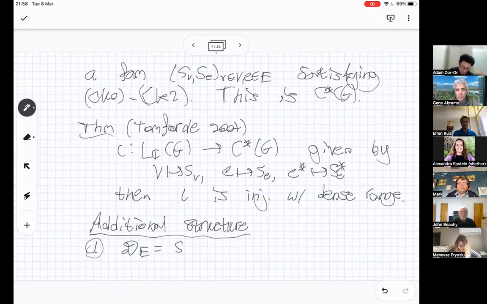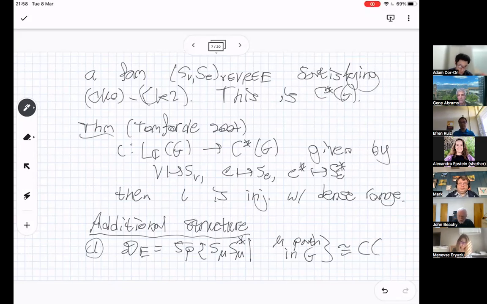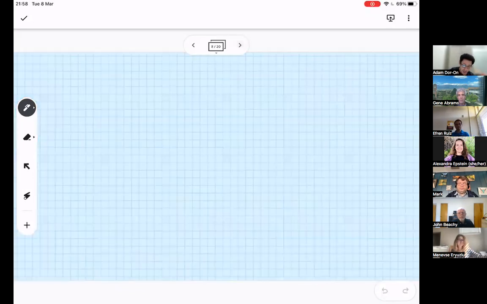People like to call it simply the diagonal. It's the closed linear span of S mu S mu star, and it's actually isomorphic to continuous functions on the space on which the one-sided subshift is defined. So that's a nice canonical subalgebra.